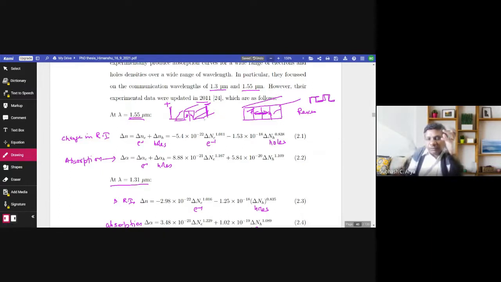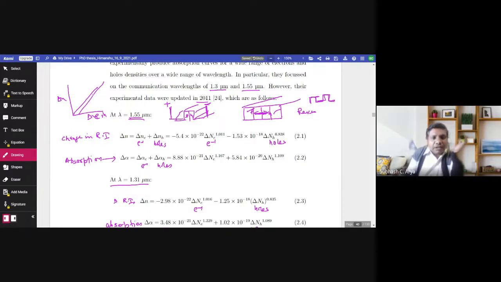Saurav and others have done an experiment and found this curve with respect to the change in concentration of electrons and holes and the change in the refractive index. Here let me write E and H. So two curves.